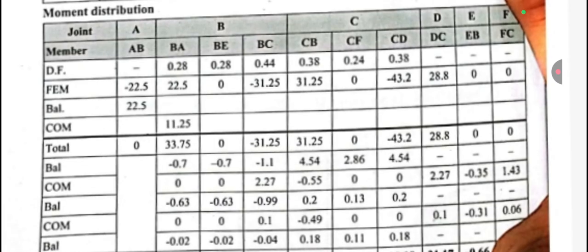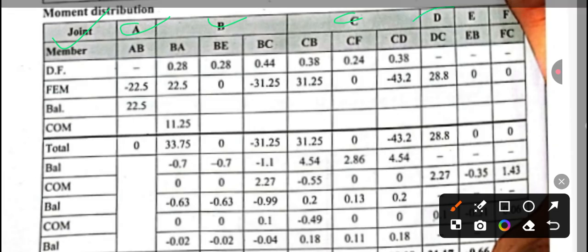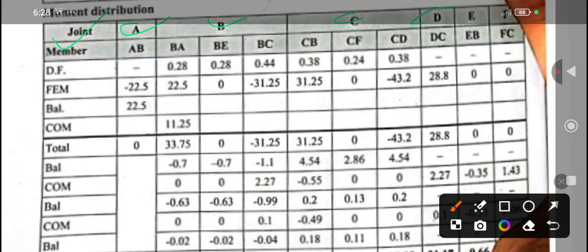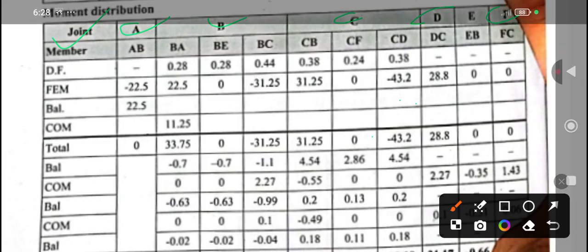Now we need to make the moment distribution table in the third step. Okay, this will be our final step. So in the moment distribution table, always remember, first we need to write the joint. Always keep in mind we have to write the joints sequence wise. It means first A, B, C, D, E and F. We have total 8 joints, so we have written them over here.